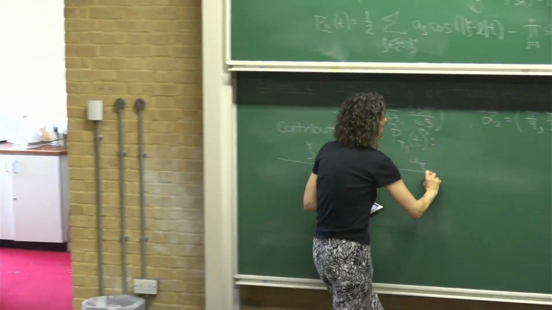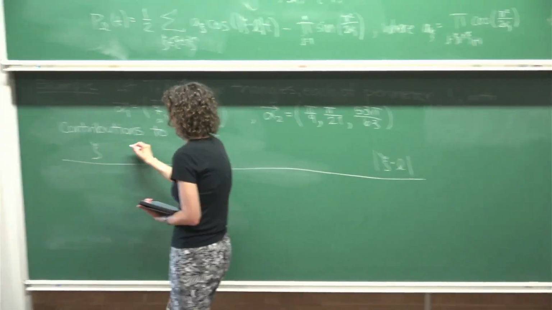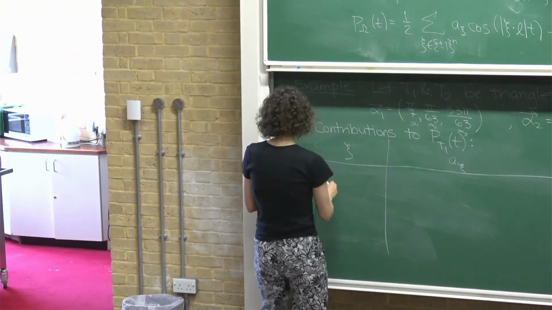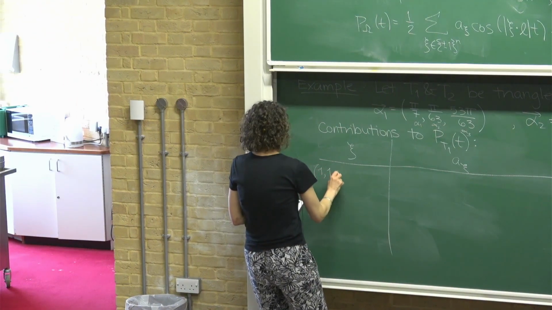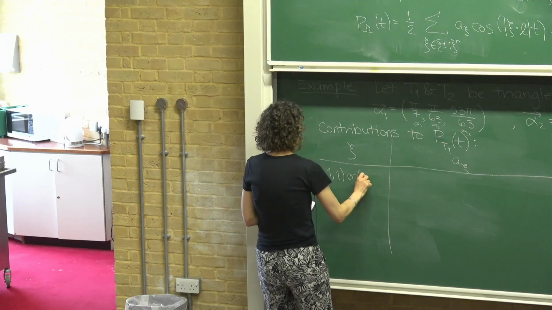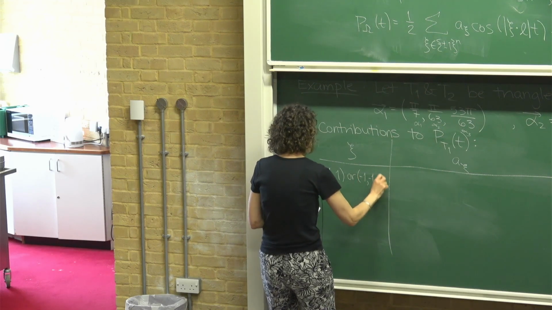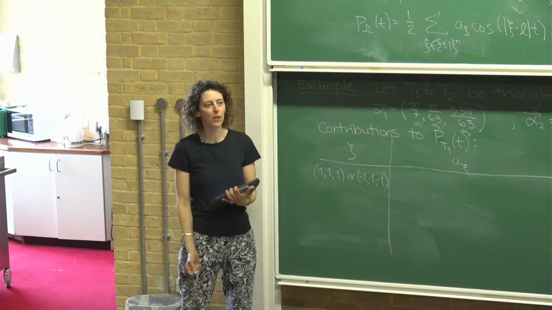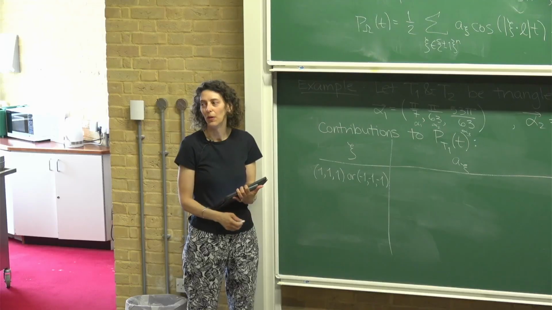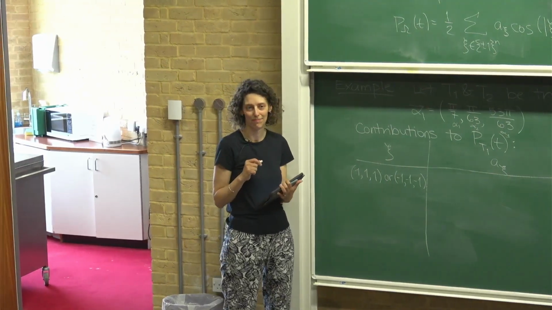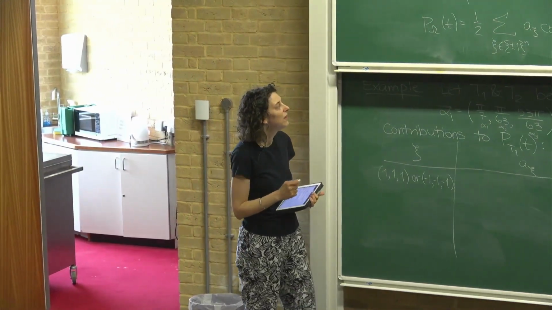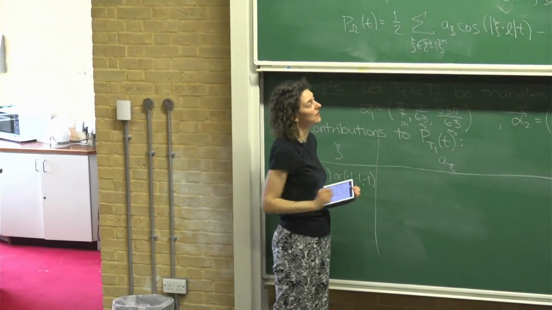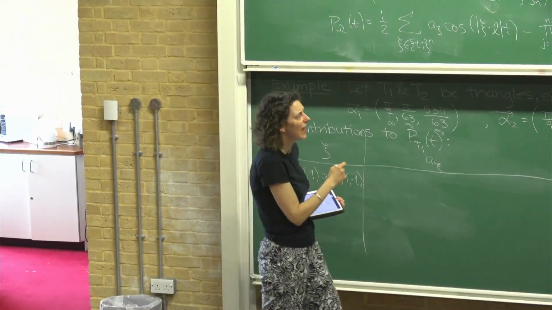Okay, so one C that you might reasonably think about: what if you took plus, plus, plus, or minus, minus, minus? Okay, those C's can happen. But then what is A_C?